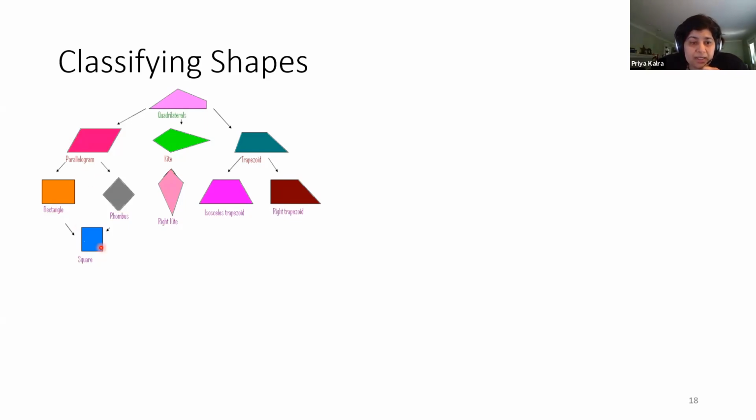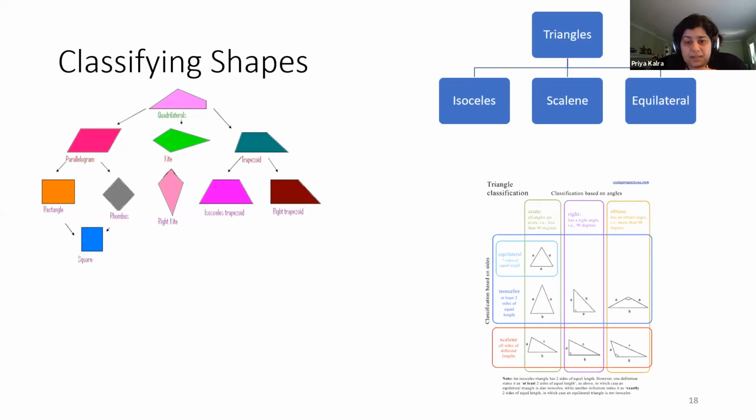So in fact, a square is a rectangle, but a square is also a rhombus, a square is also a parallelogram, and a square is also a quadrilateral. So you have, these are actually nested categories, and to classify a square, you actually have to go 3 steps down into this hierarchy. In contrast, if you take the classification of triangles, I'm sorry, I haven't been able to make an exact parallel here, it's much simpler.